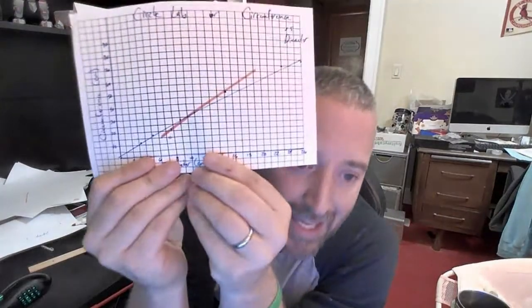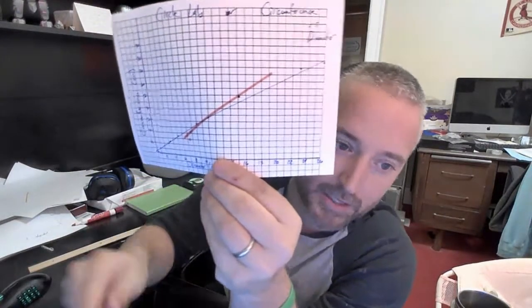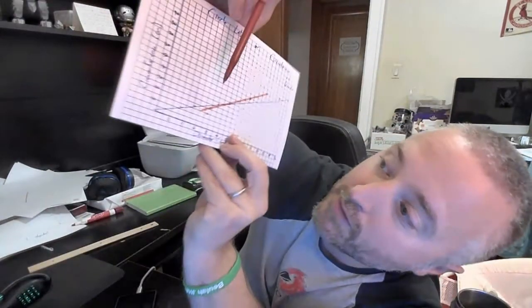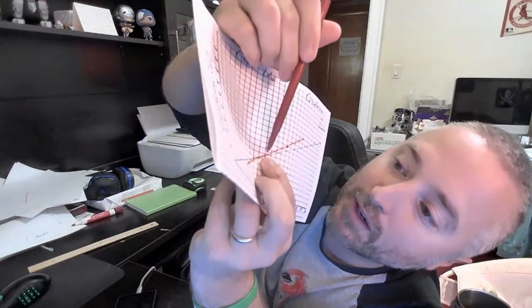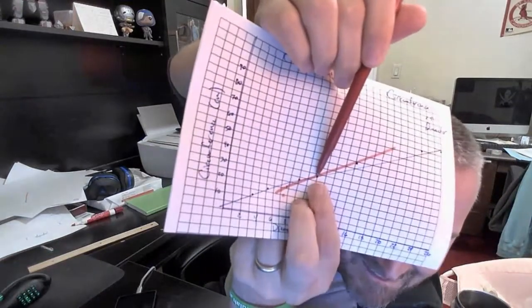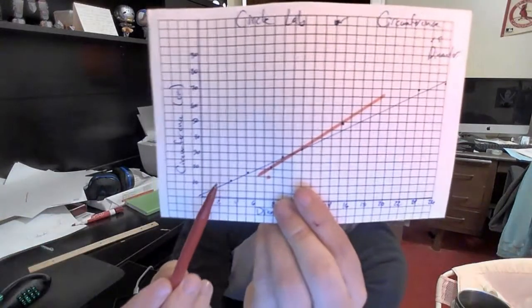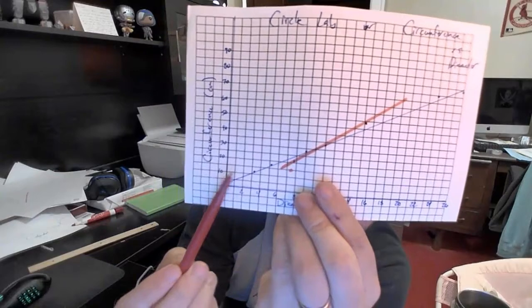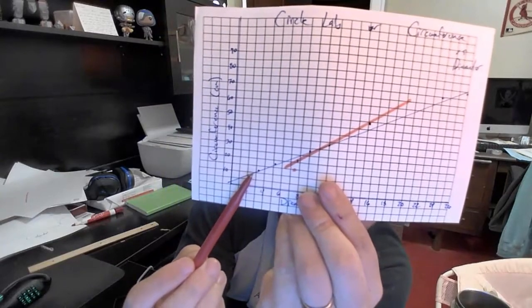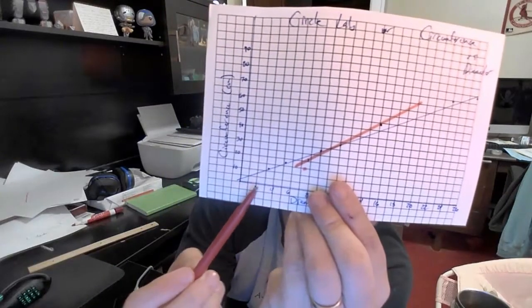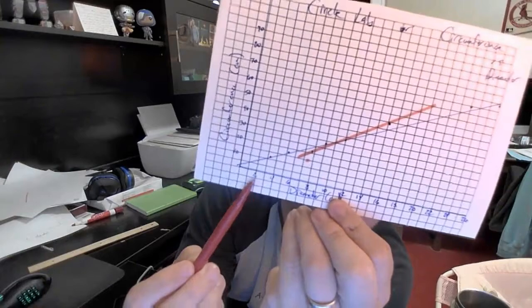If you have a data point that falls perfectly on the line, you can use that. Otherwise, the easiest spots are crosses like this that are really easy to read. As you can see, that spot is 3 centimeters in diameter and 10 centimeters in circumference. I'm going to go ahead and write that down.